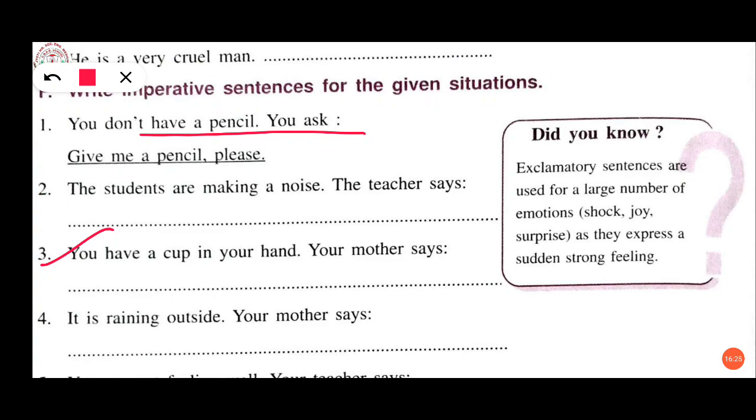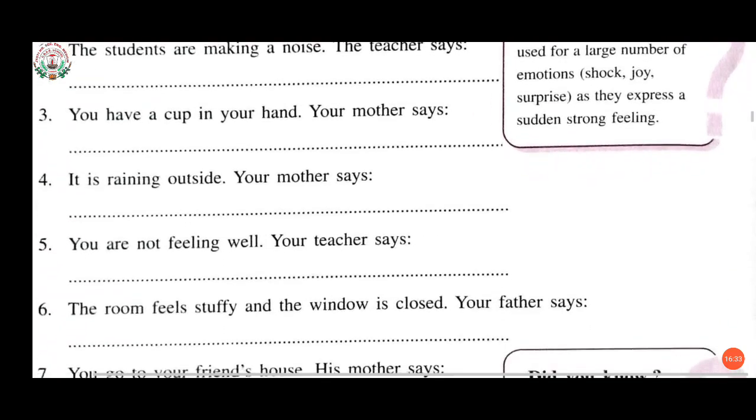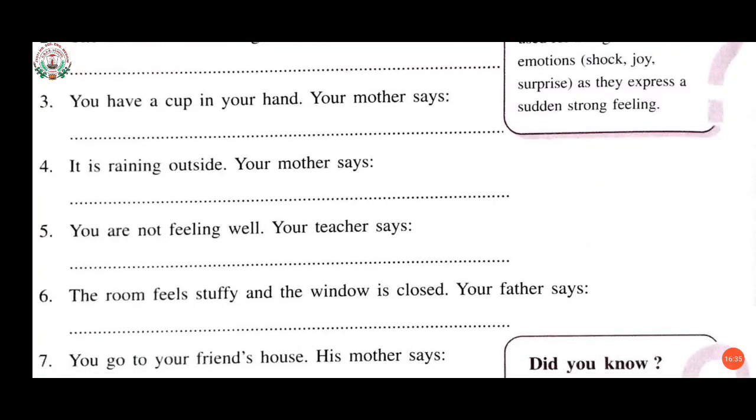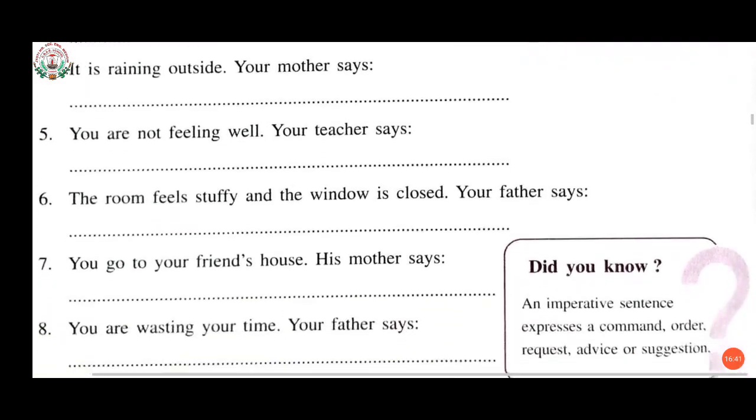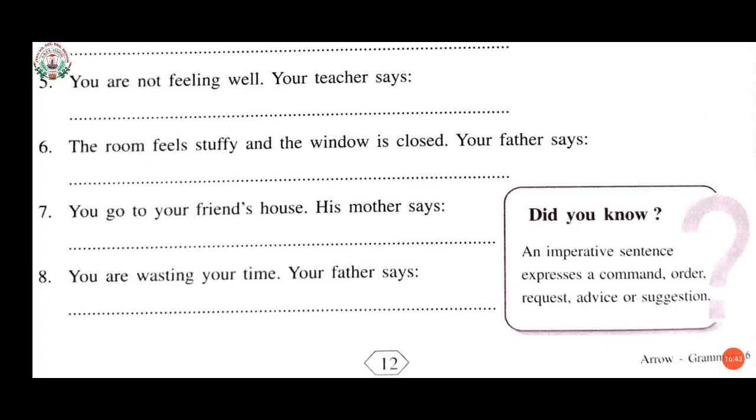Fourth one, it is raining outside. Obviously, what will your mother say? Don't go out. Fifth one, you are not feeling well. Your teacher says, take rest. Likewise, we have to complete all the sentences.